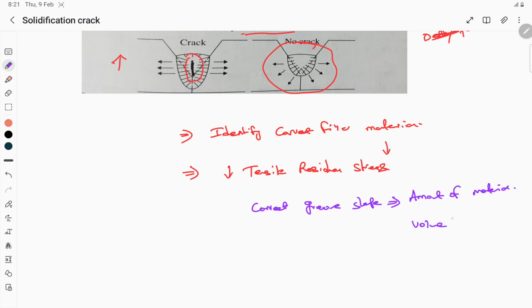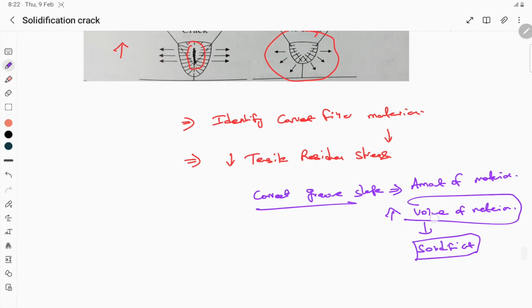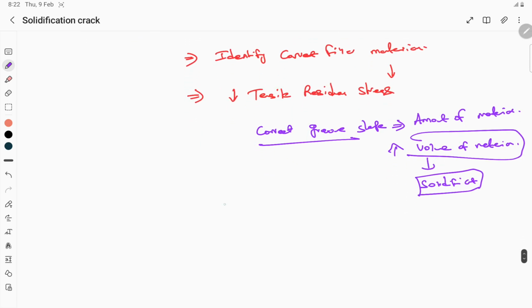The more the volume of material, the more the chances for solidification crack. So select the correct groove shape such that the melting of the material is less, so that it can minimize the tensile residual stress and, at the same time, minimize the possibility of solidification crack. Then we can go for preheating. Preheating can help us minimize the formation of solidification crack.